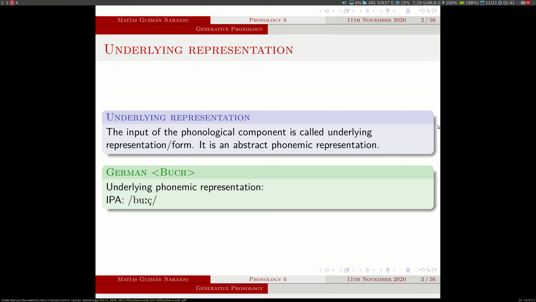So, the idea is we have an abstract representation of words, and this representation doesn't necessarily match the actual pronunciation. So, for example, for Buch in German, we could say that we have the underlying representation with a ch phoneme here.